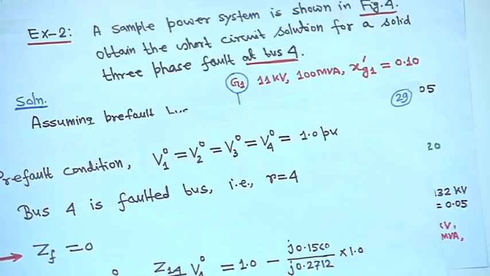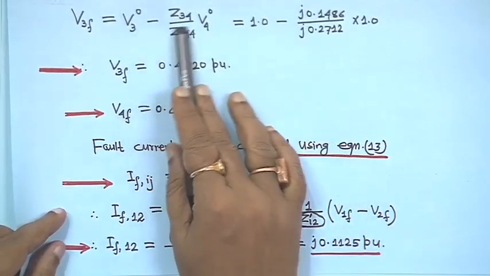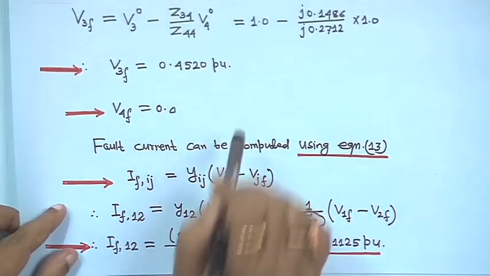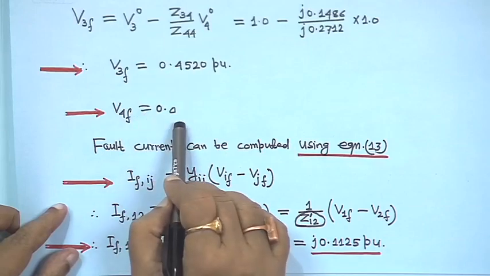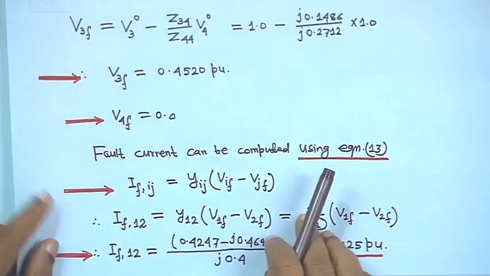Similarly, V3f is V30 minus this term, you will get 0.4520, and the fault has occurred at bus 4, so V4f will be 0. So, V1f, V2f, V3f, V4f you have got.